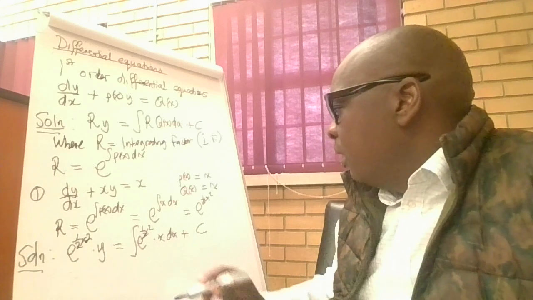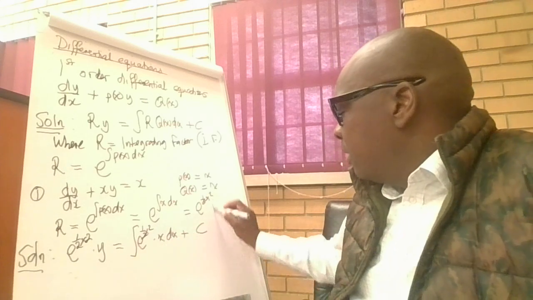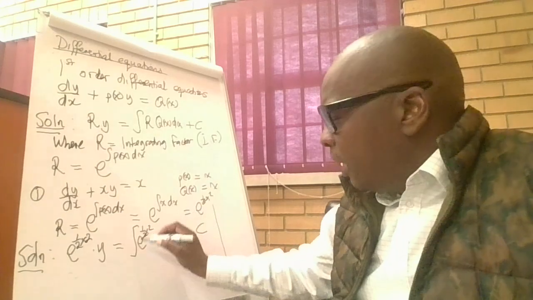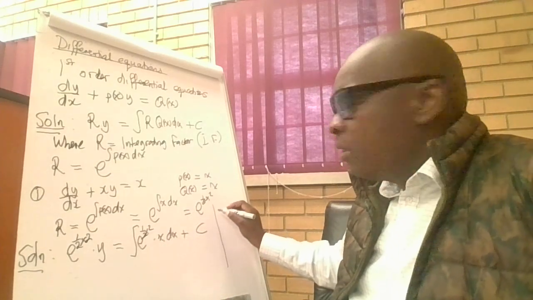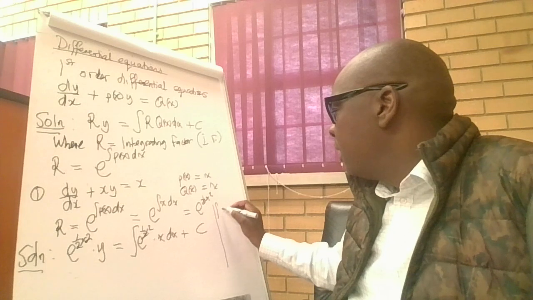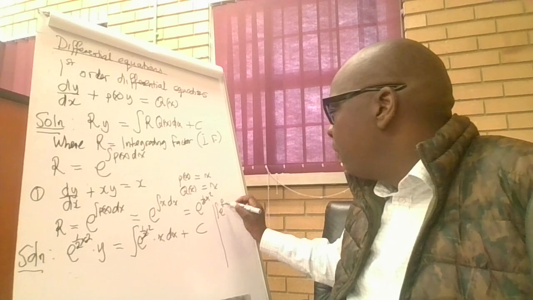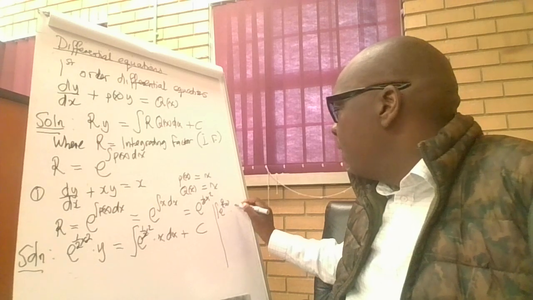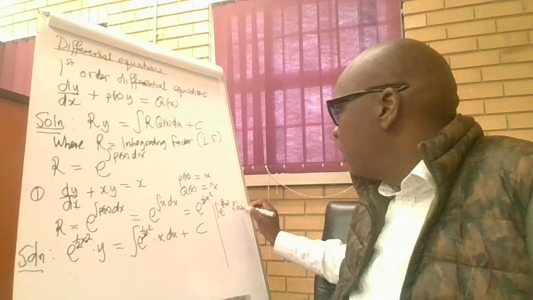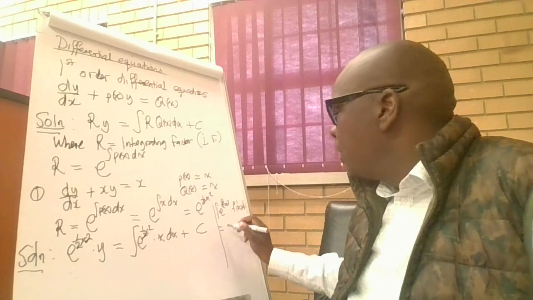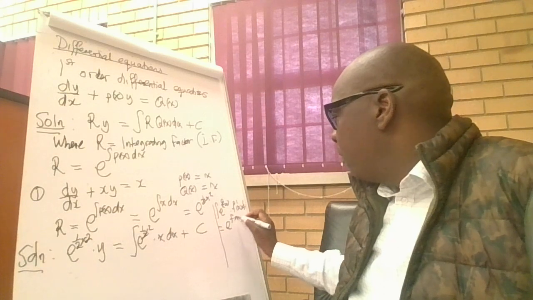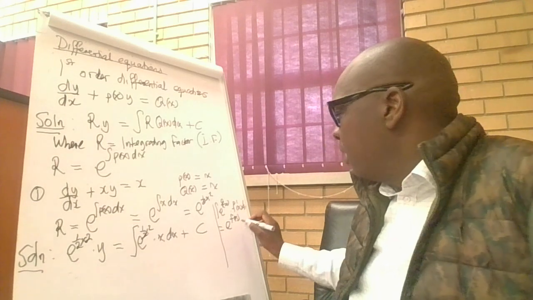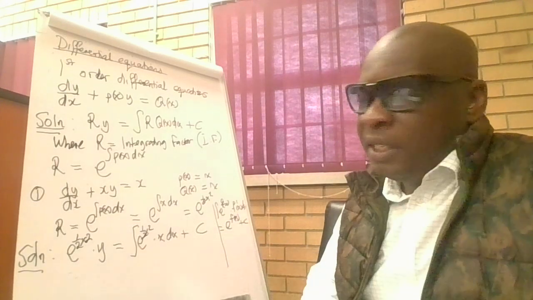For example, in this case, there is a technique which says that if you integrate e to the power f(x) times f'(x) dx, the solution to that should be e to the power f(x), and of course, plus the constant of integration.